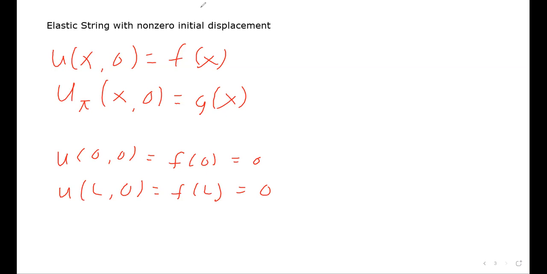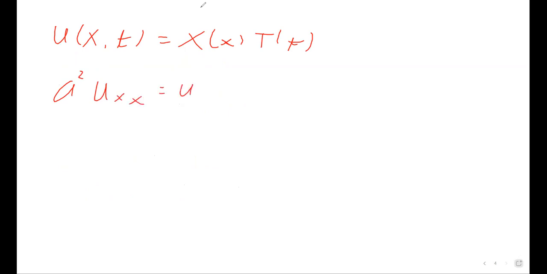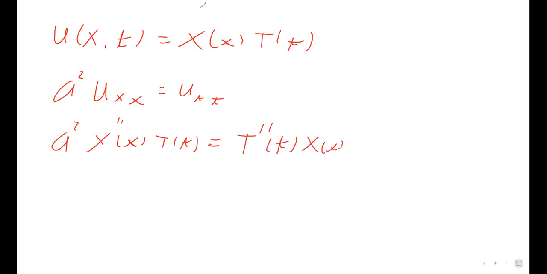Now, in order to solve this, we're going to do what we did before of taking our u and writing it as a separable equation. So whenever we do our equation we had set up from before, it's going to look like that.